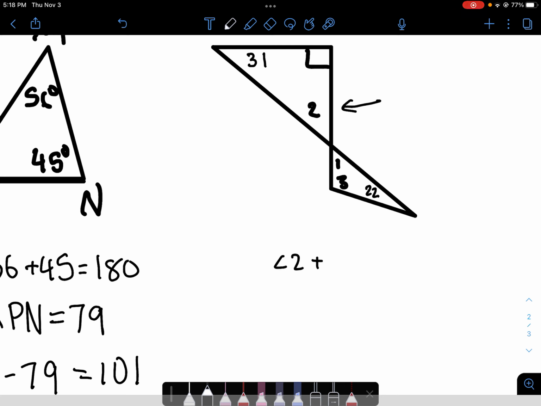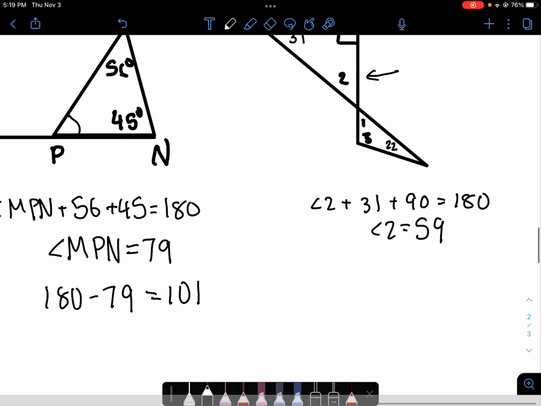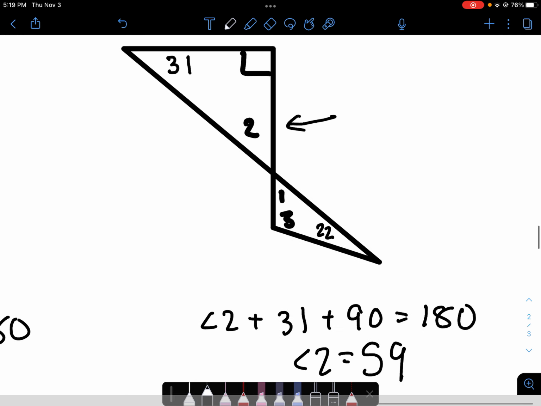Angle 2 plus 31 plus 90 equals 180, which is 59. So now we know that angle 2 is 59.